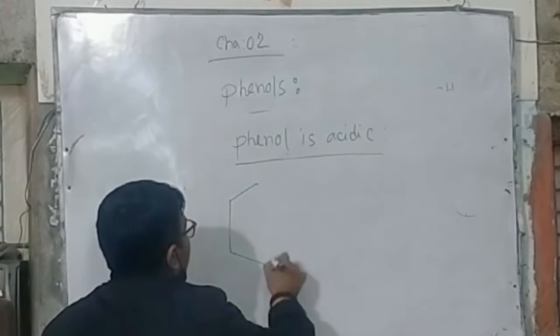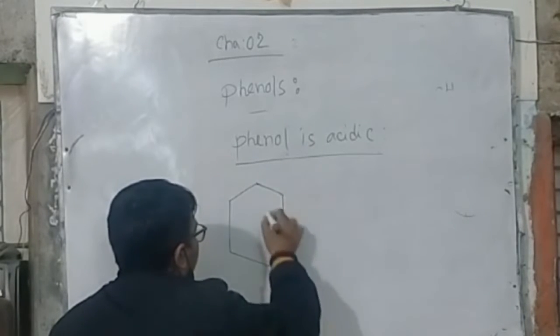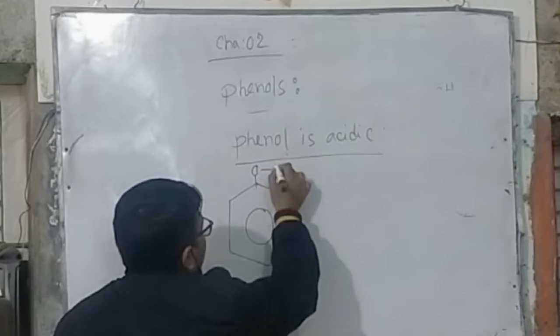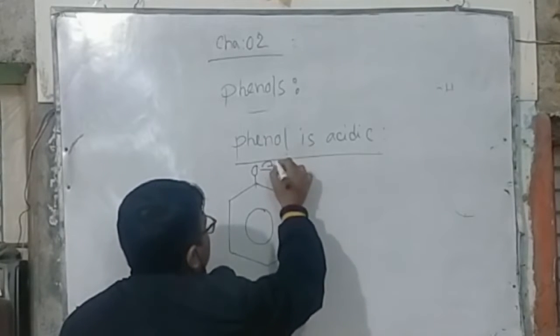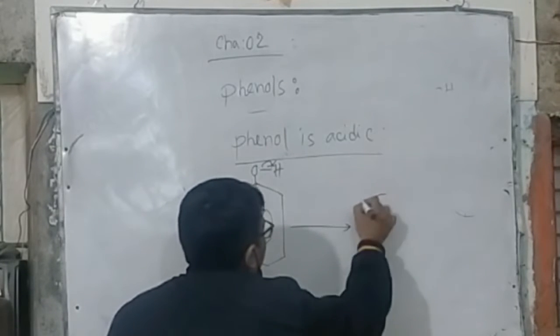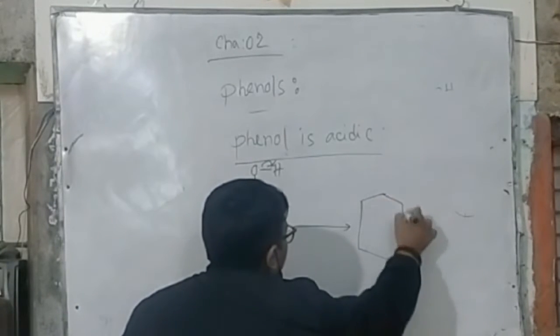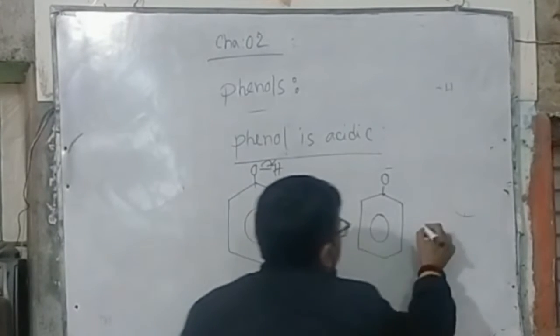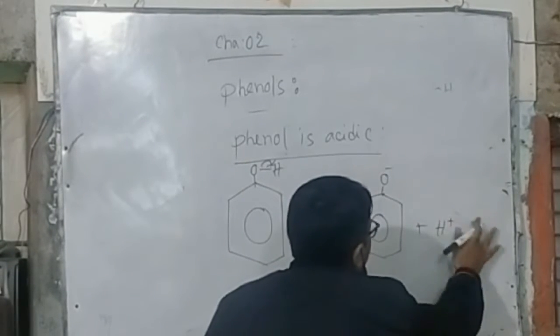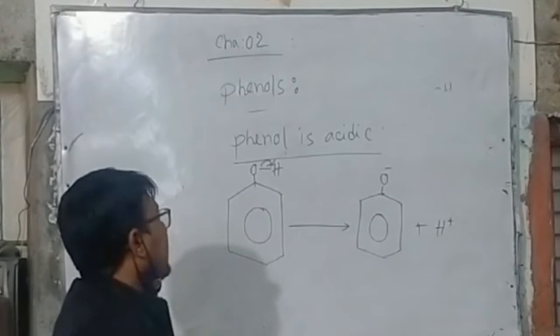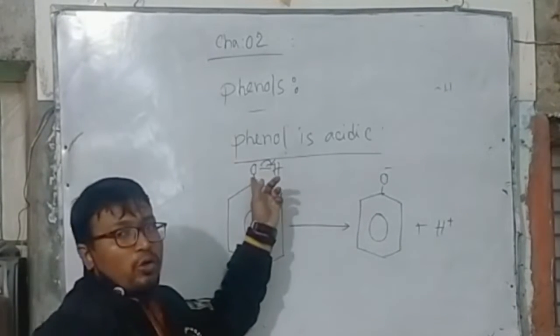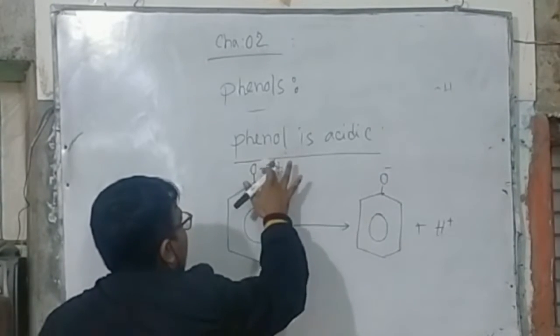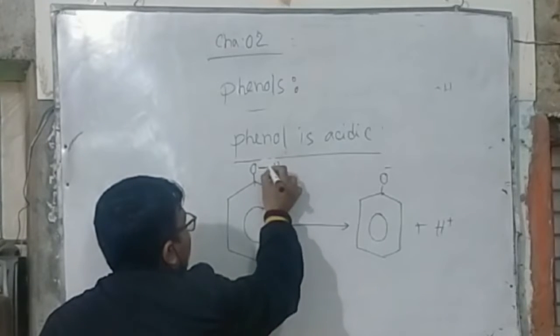Because phenol can release hydrogen ion as proton, this is phenoxide. We know that the electronegativity of oxygen is more than hydrogen.